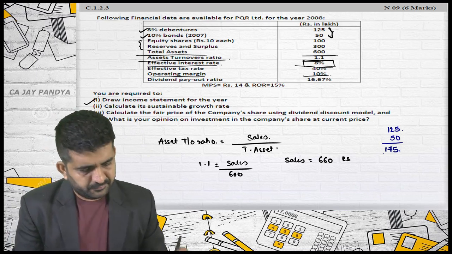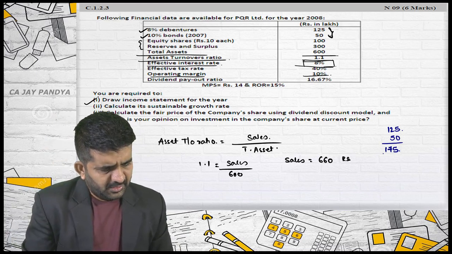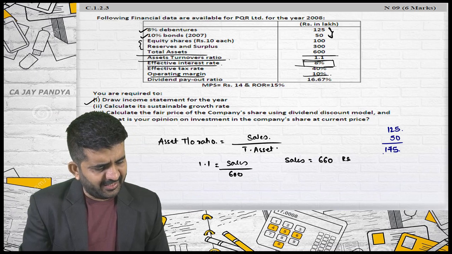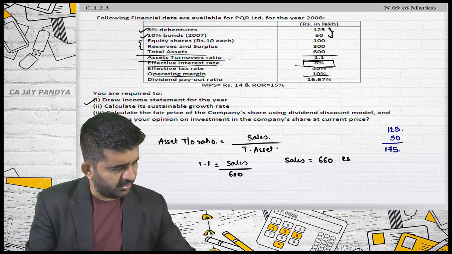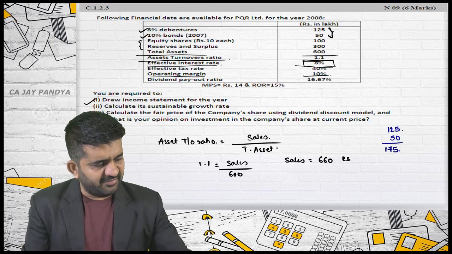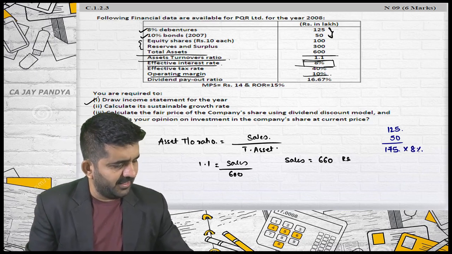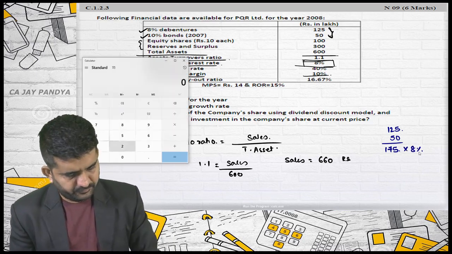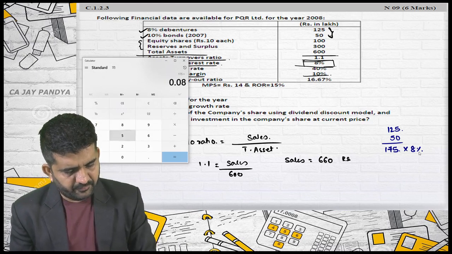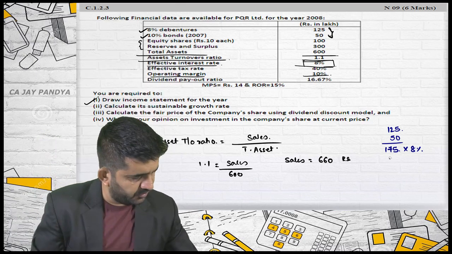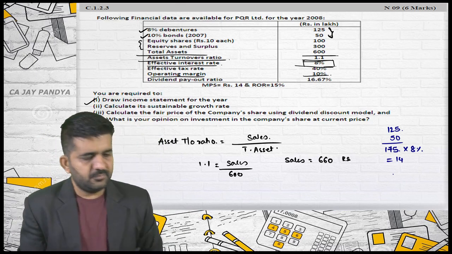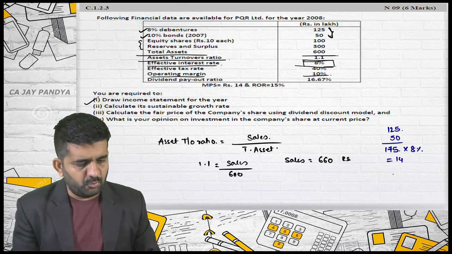Is it alright? I think I can find out interest directly also. Why effective interest is given, I don't know. Alright, this might be the market value. That is alright. Total is 175 multiplied by 8%. 175 multiplied by 8% is 14. So I have found out the interest cost, which will be 14.